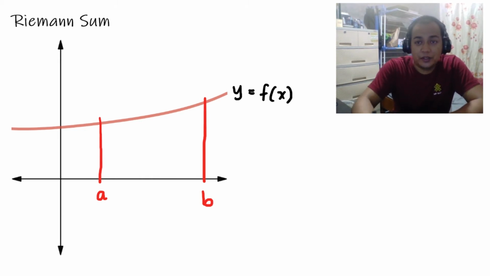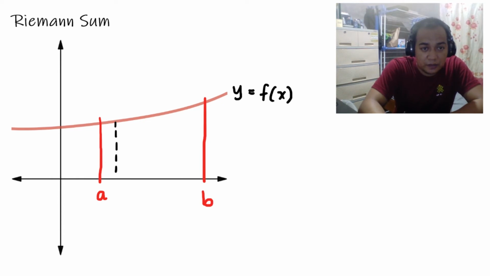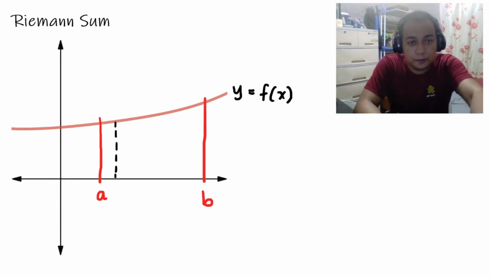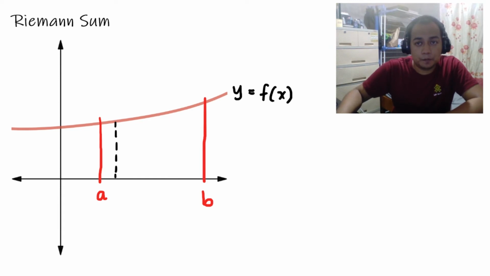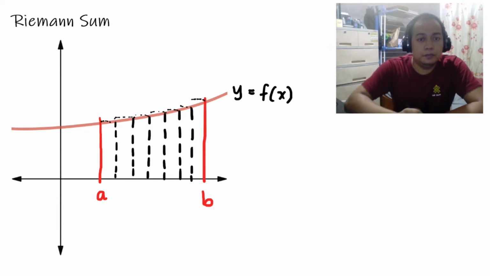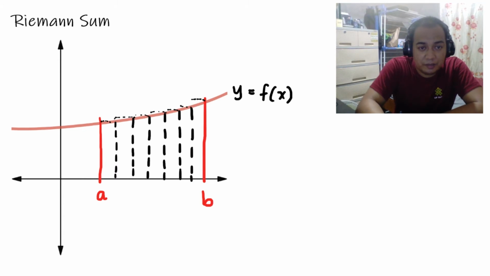So we are going to draw rectangles with equal bases, like this one. The bases of these rectangles are equal, and let us denote the base delta x.